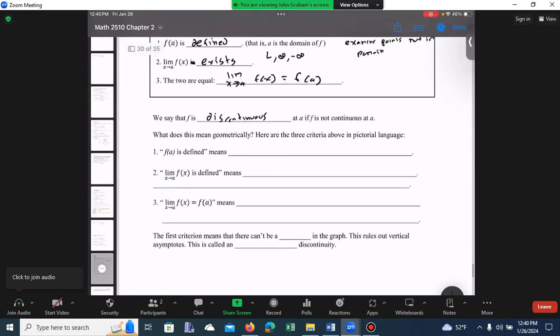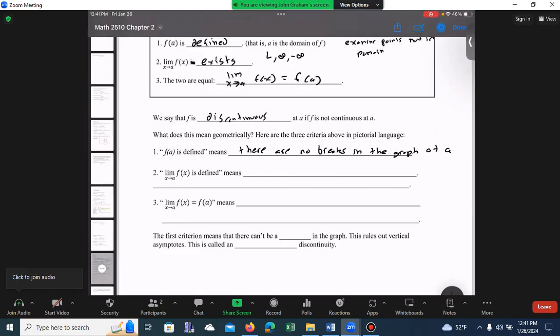Another way to get a meaning of these: f of a is defined means there are no breaks in the graph at point a.